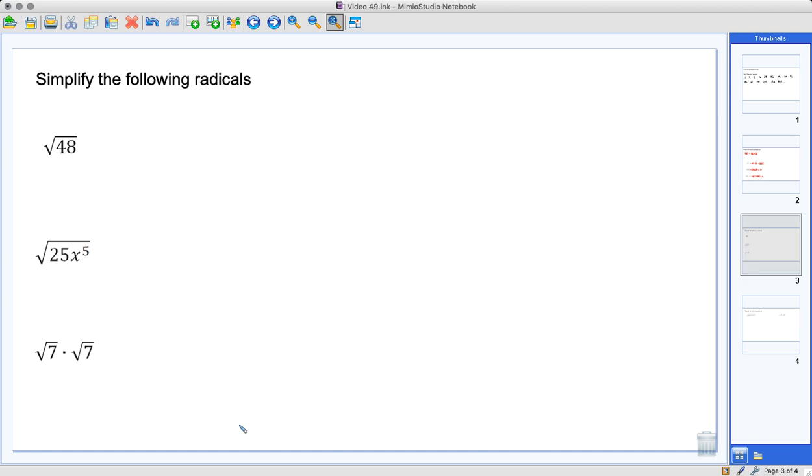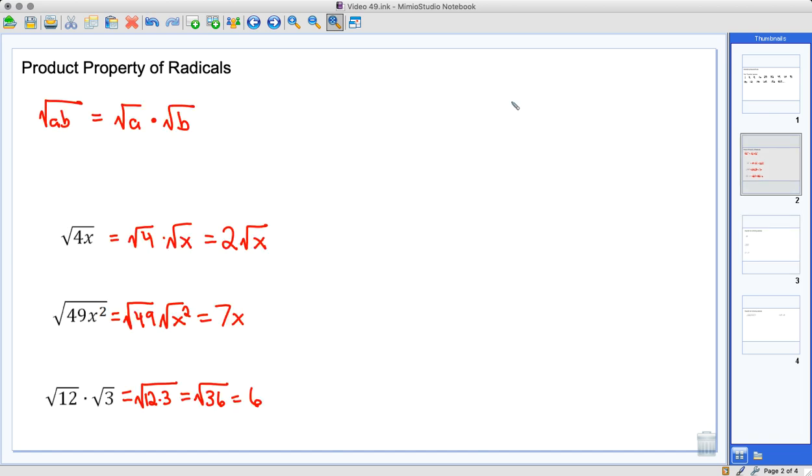Okay, so before we do these slides, what I want you to understand: square root of x was just square root of x. Square root of x squared, we got x. If I have square root of x cubed, that's not divisible by 2, but I can break that apart using that product property into the square root of x squared times the square root of x. Well, if we use our two rules from above, that's x times the square root of x.